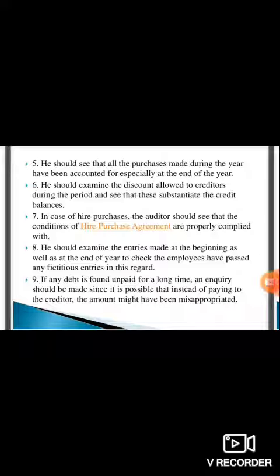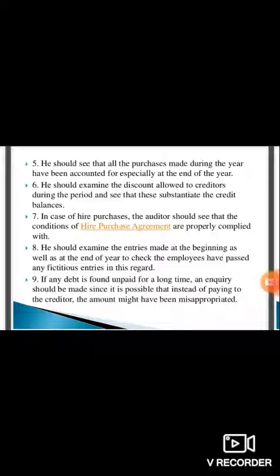And the next thing is, you should examine the discount allowed by creditors during the period and see that this substantiates the credit balances. So whether any discount is given by the seller to the company, these discounts can make a difference in purchase cost.